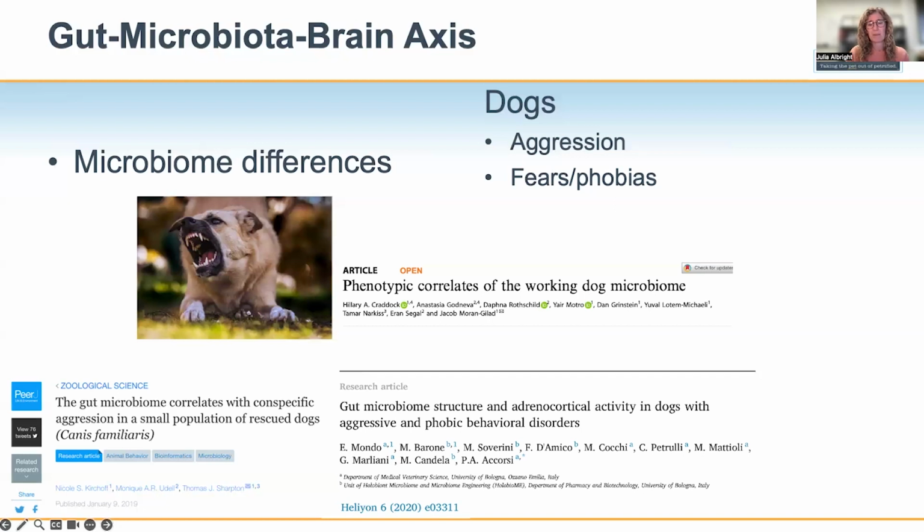And in fact, something interesting that popped up is that the animals that are unhealthy, so emotionally dysregulated, oftentimes had higher levels of lactobacillus, which has been shown to secrete GABA and be important in that GABA pathway.